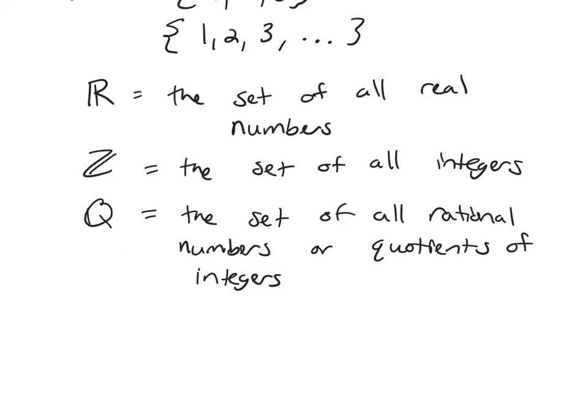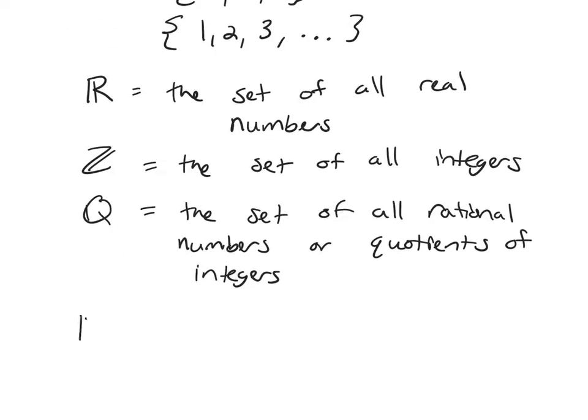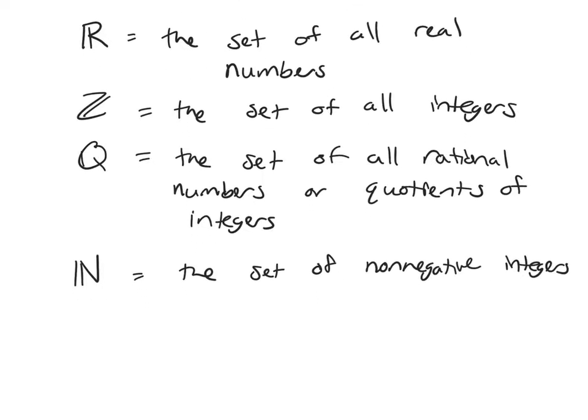And then the last letter symbol we're going to use here is N, which is used for the set of non-negative integers. So these are whole numbers that are positive, that are not negative. So 0, 1, 2, whole numbers that are not negative.